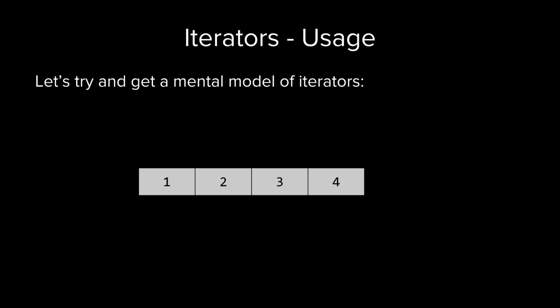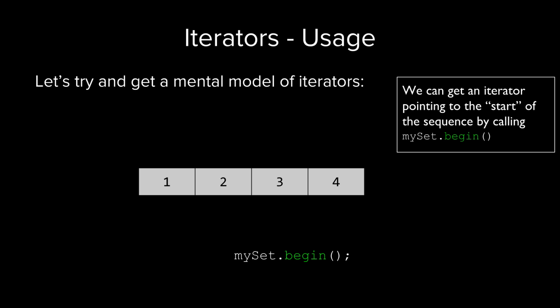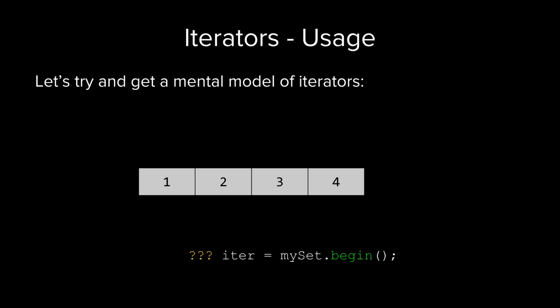If you had indices, you'd say, let me start at the 0th index. Well, if you have iterators, you say, let me start at the begin iterator. So you call your collection's variable name .begin, and it'll give you an iterator pointing to the start of the sequence. You want to store this in some variable, called iter, and it has some type.